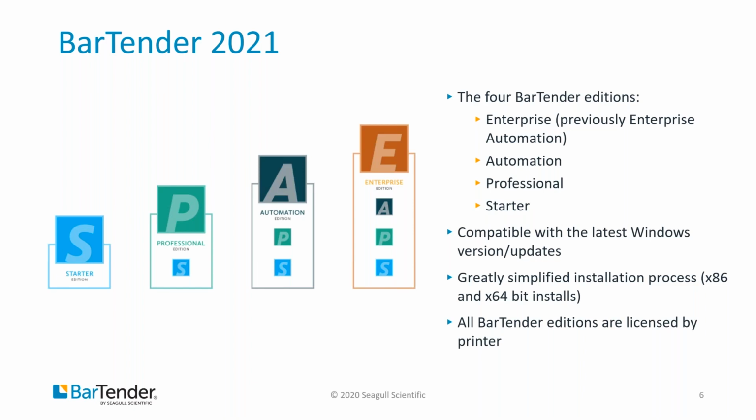BarTender 2021 is compatible with the latest Windows version and still has a greatly simplified installation process that involves a single BarTender software program and a product license key code that you use to activate the BarTender software at the right edition level. Finally, the different BarTender 2021 editions are licensed by the number of printers used.